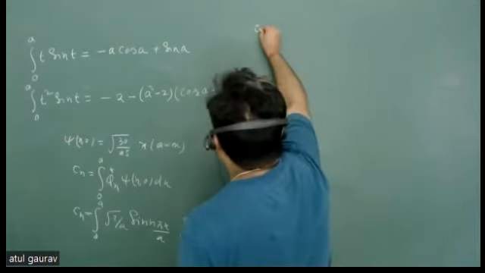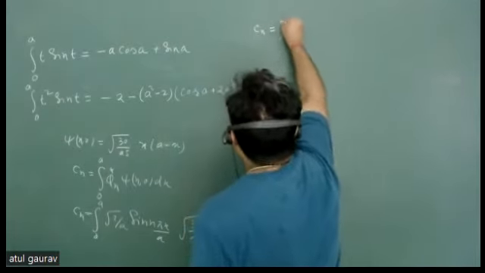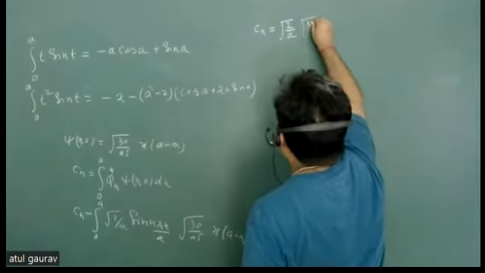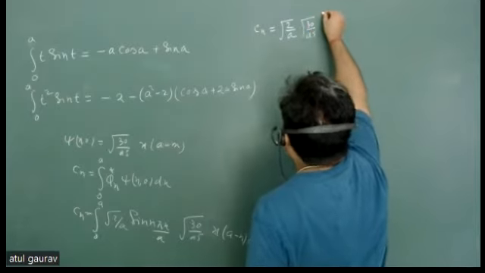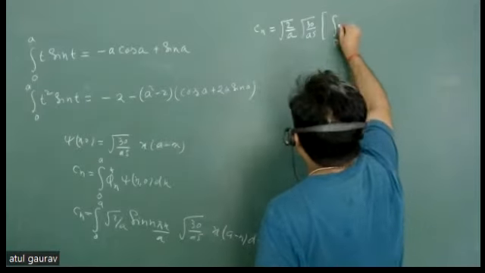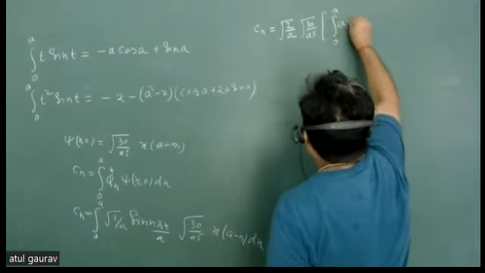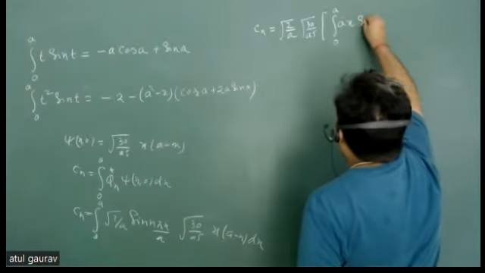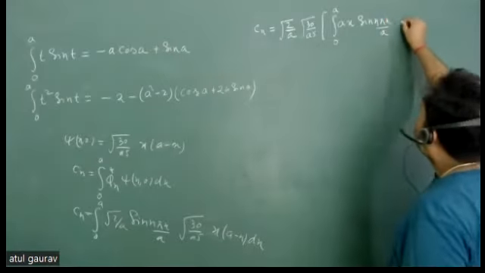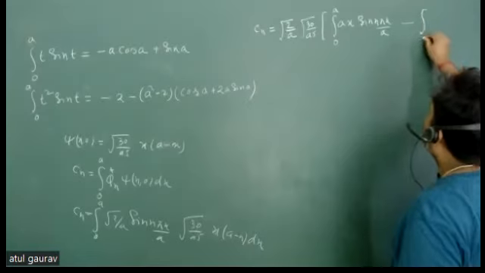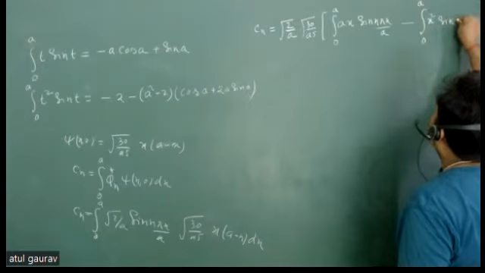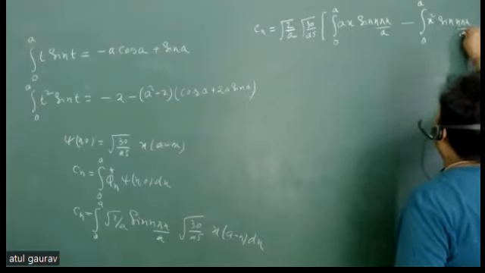Then Cn is equivalent to root under 2 upon a times root under 30 upon a^5, and we can take it in a bracket. The first integration is the integral from 0 to a of x sine n pi x upon a, and the second integration is minus the integral from 0 to a of x square sine n pi x upon a, obviously with dx.